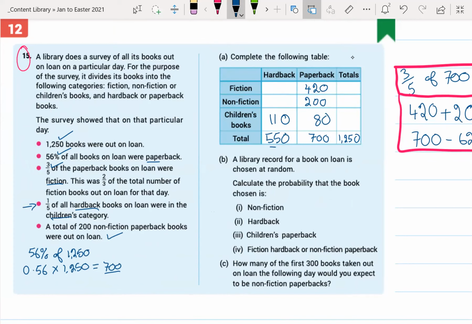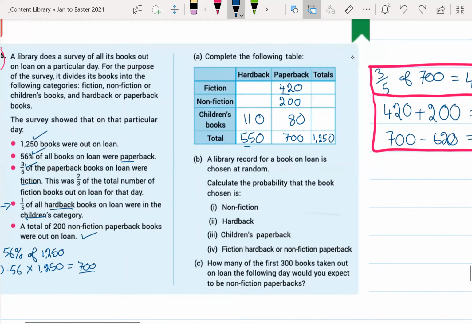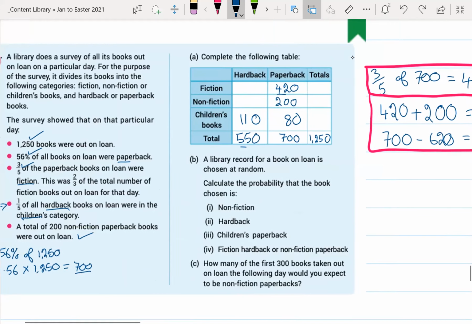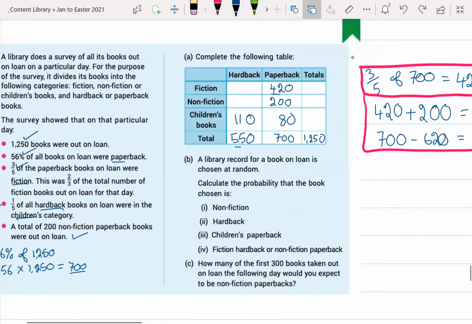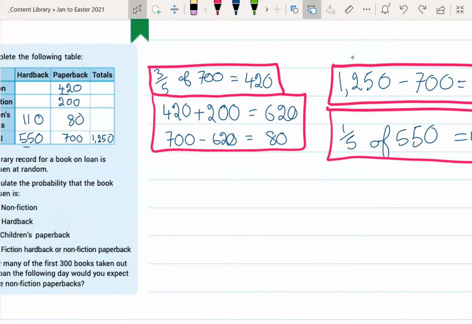Now this bit here, let's go back to here. We had 3/5 of paperback were fiction. We answered that bit, but they're then telling us that this was 2/3 of the total number of fiction books out on loan for the day. So we're being told that 2/3 of the fiction books equals 420.